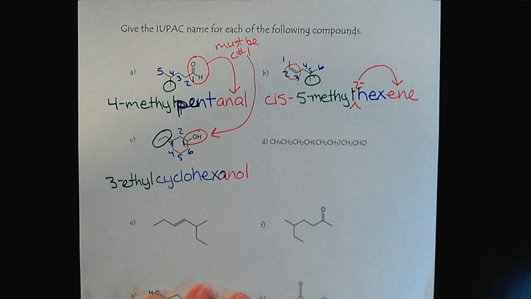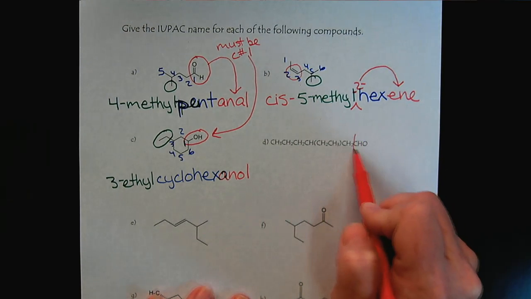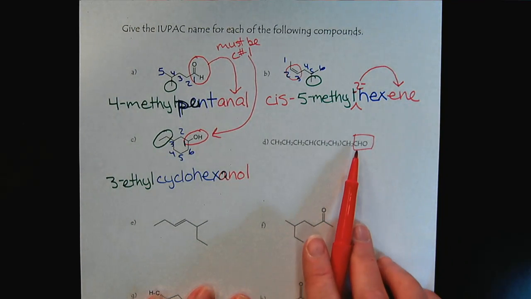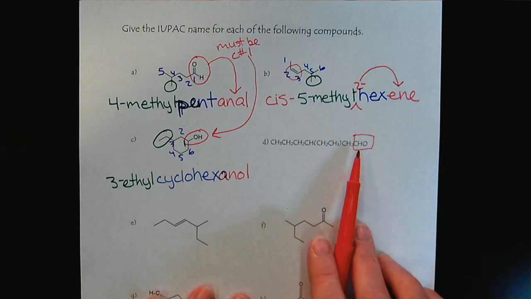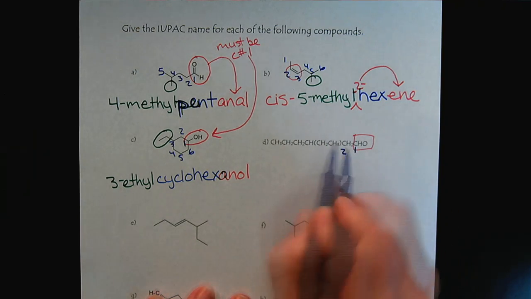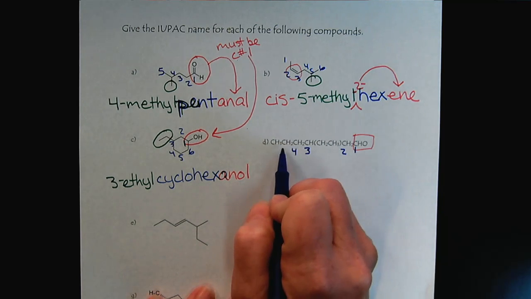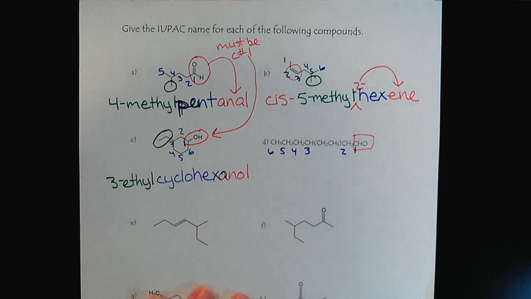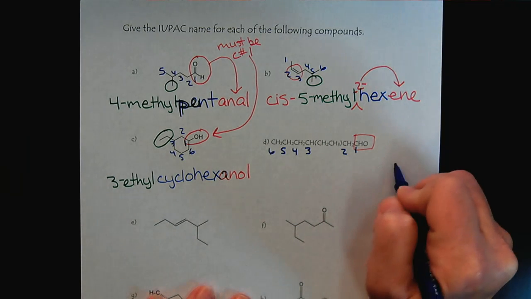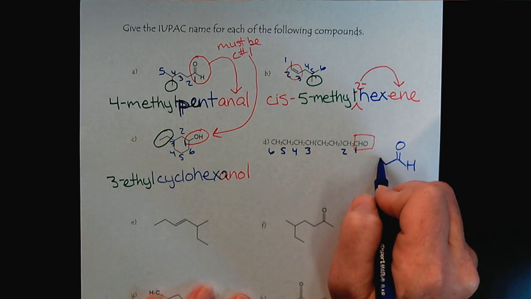Okay, now to mix things up a little bit, here's a condensed formula. So we scan and we recognize CHO. There's our aldehyde. So since we know we want our aldehyde to have the lowest possible number, we will number this chain beginning here. 1, 2. We see the parentheses. We recognize that's a branch. 3, 4, 5, 6. All right, so we have a 6-carbon chain that has an aldehyde on one end. So there's 1, 2, 3, 4, 5, 6.